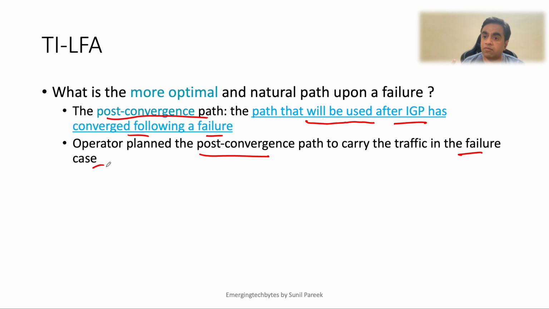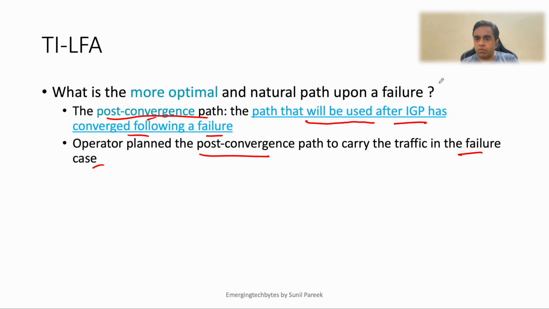And TI-LFA, because it calculates that post convergence path, even to mitigate that failure that is there, so that when the IGP is calculating the path, you already have this loop free alternate path which will be the same as your post convergence path.